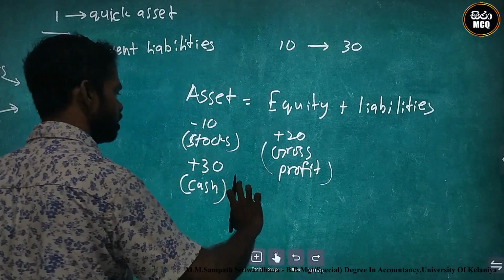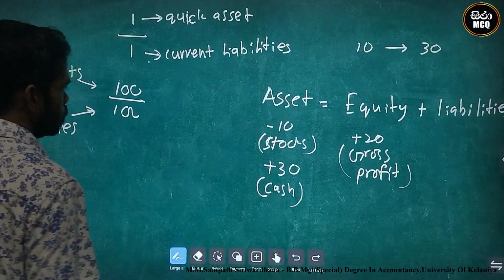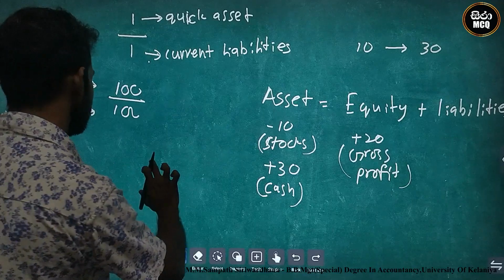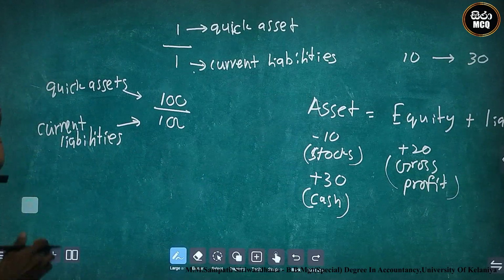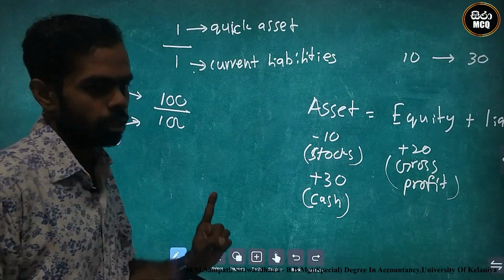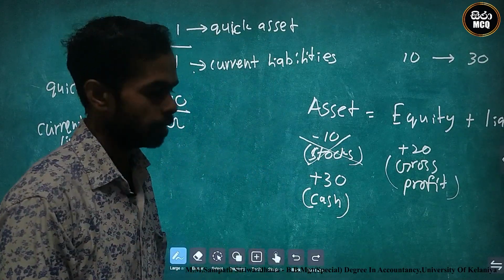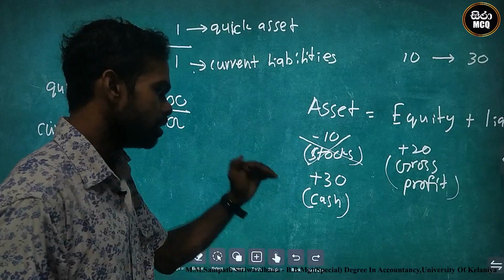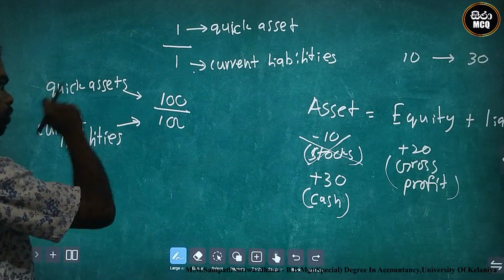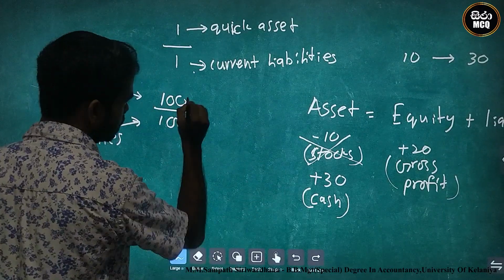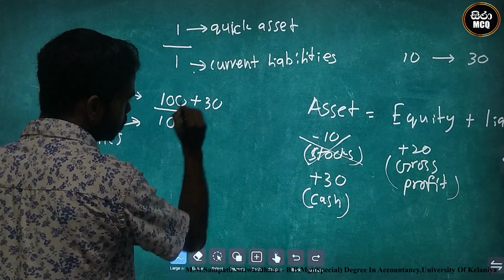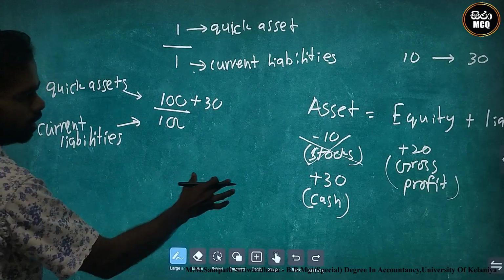This is the impact. At that time, inventory stocks are not included in these assets. Why? Quick assets do not include stocks, therefore we cannot identify stocks as an impact. Next, cash is increasing. Cash is included in quick assets, therefore I add this 30. There is no impact to current liabilities.